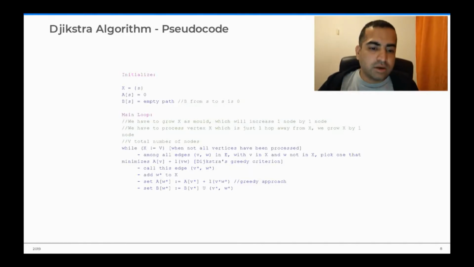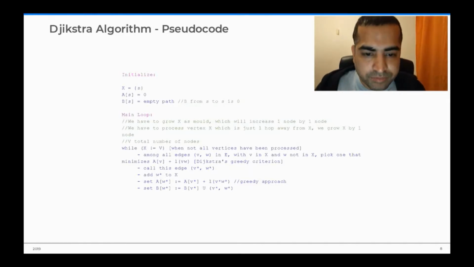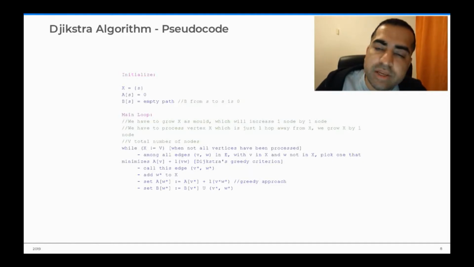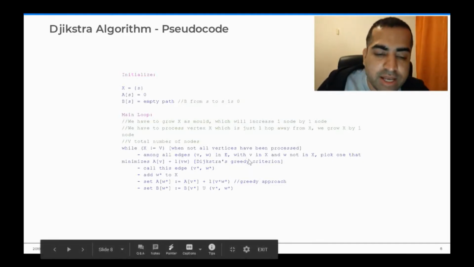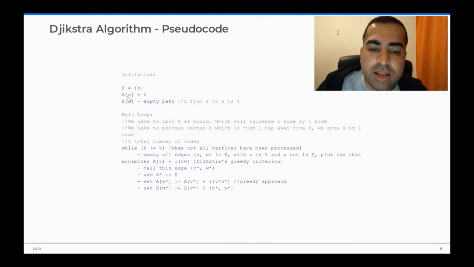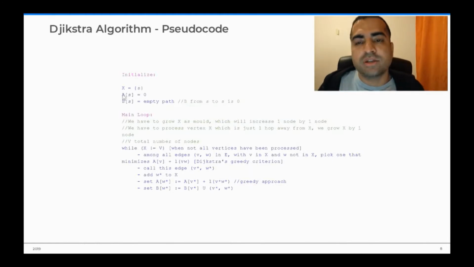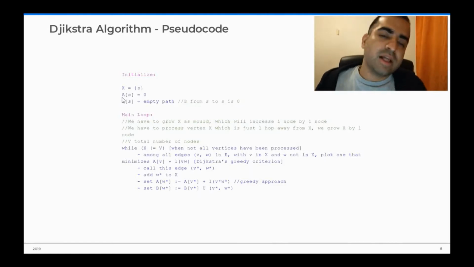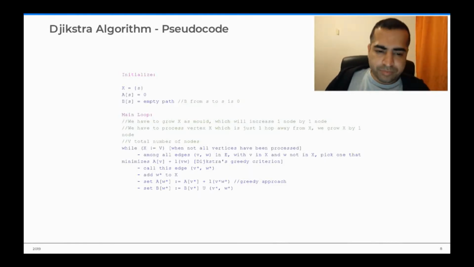And now let's move into the algorithm. Initially we have source vertex S, so X is equal to {S}. A of S is equal to 0 because the shortest distance to itself will be 0, and B of S will be the empty path because there is no path from the source to itself. Now we enter the main loop.